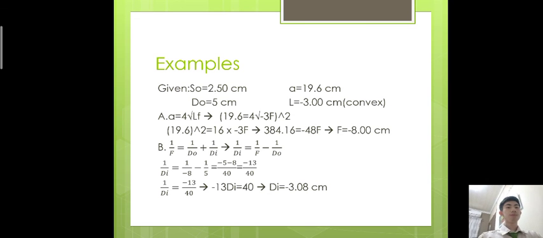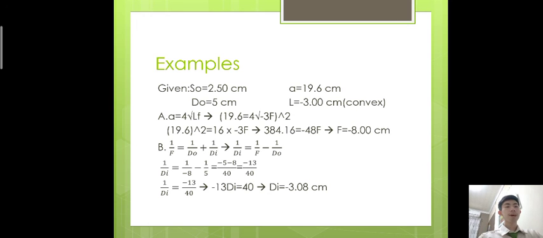5 times 8 is equal to 40. And 40 divided by negative 8 times 1 is equal to negative 5, minus 40 divided by 5 times 1 is equal to 8. So negative 5 minus 8 divided by 40 is equal to negative 13 per 40. 1 per Di is equal to negative 13 per 40.